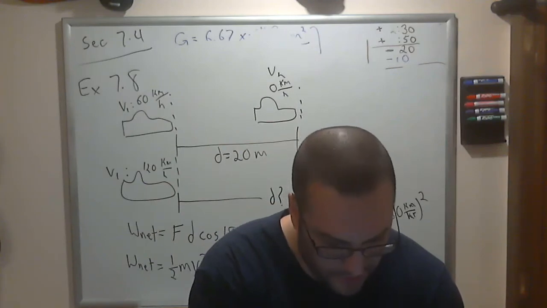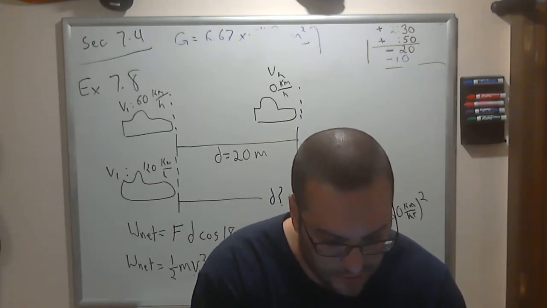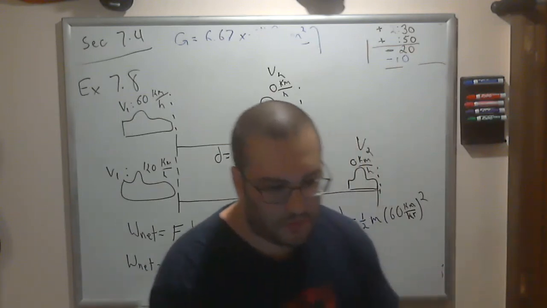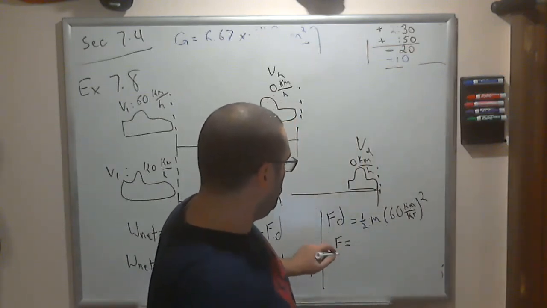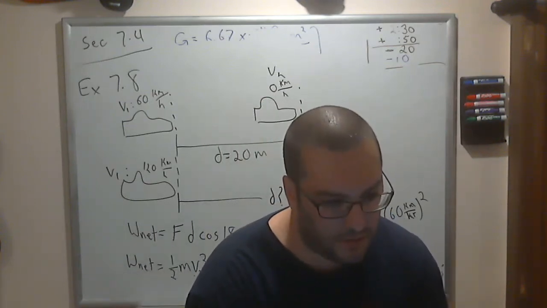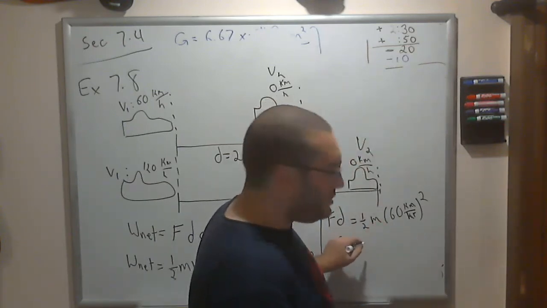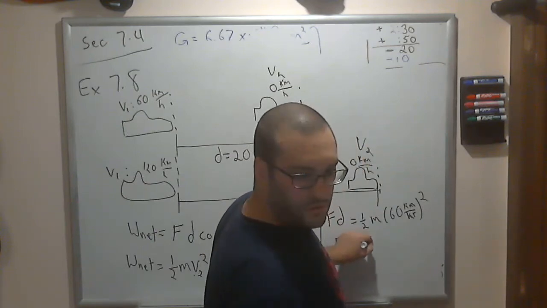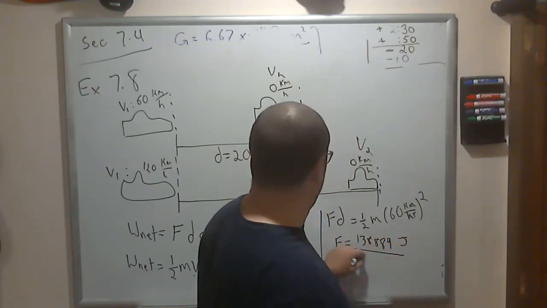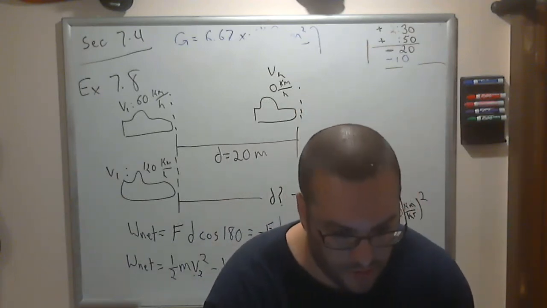So let me do the calculations. This is for a 1,000 kilogram car, and then 16.667 squared. And then we'll divide this, which is 9 joules, by the distance. So this is 20, and then we'll get our answer.